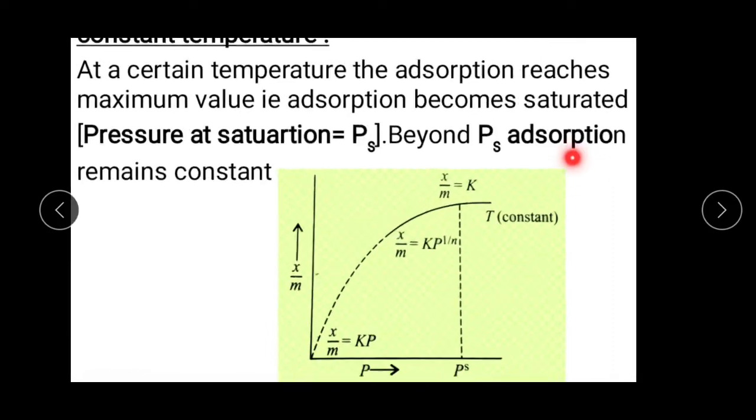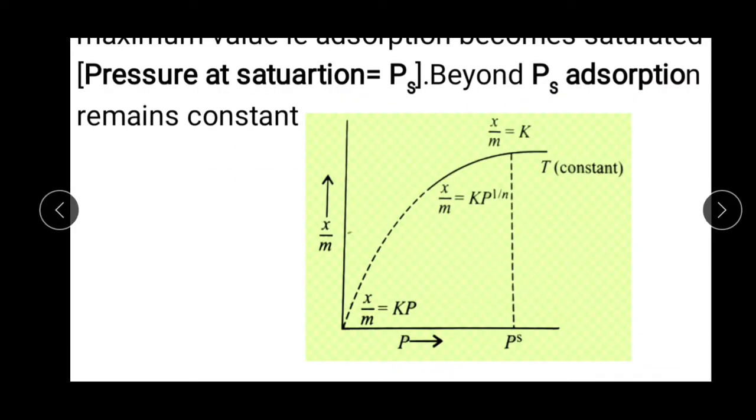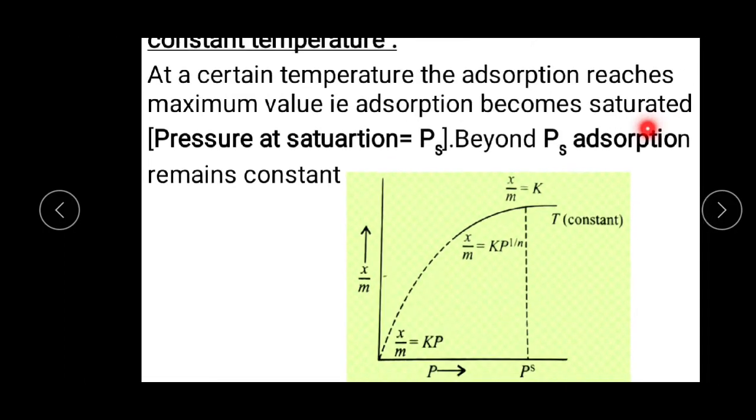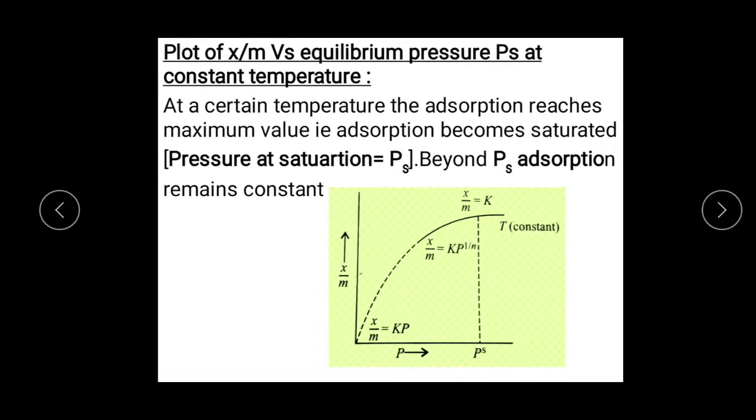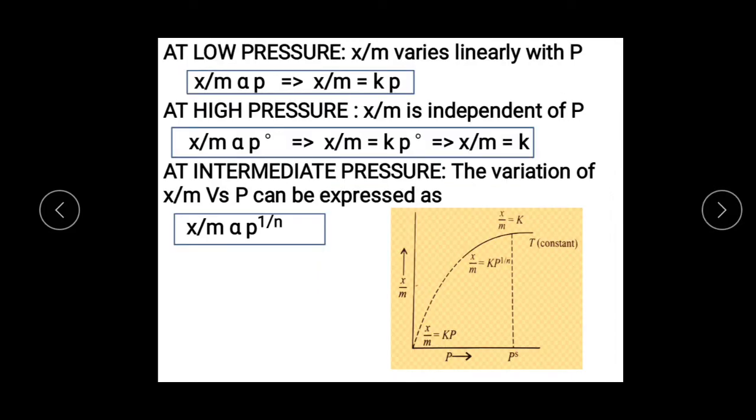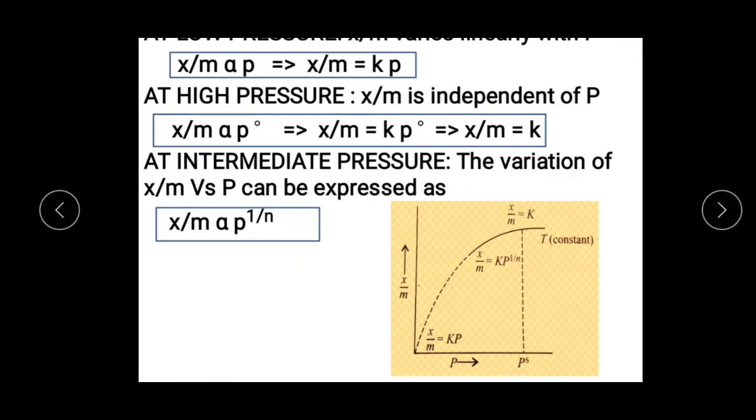Now in this graph you can see there is a value indicated Ps, and corresponding to this, the adsorption remains constant. This pressure is known as saturation pressure or Ps. Now we are going to read this graph.